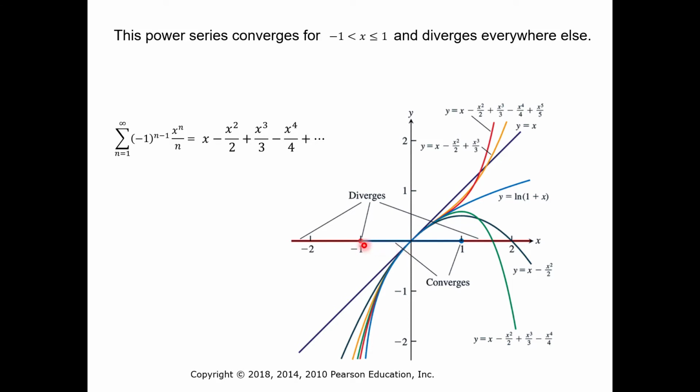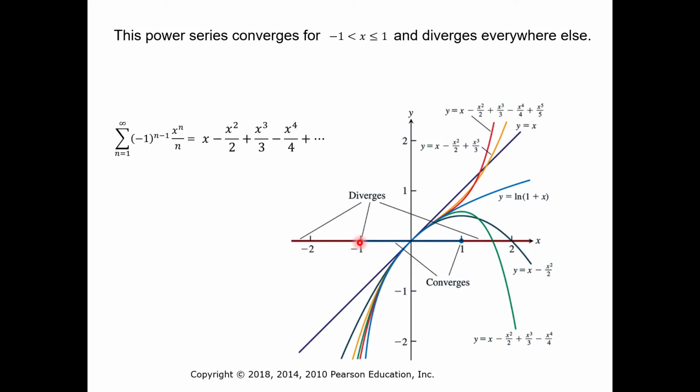Now, if you look outside of this window, so this interval, if you look to the left of -1, all the graphs start to spread out. If you look to the right of +1, same kind of thing happens. The graphs all do something a little different. The green one starts to go down, the red one goes up, the blue one kind of shoots out sideways, and so on.